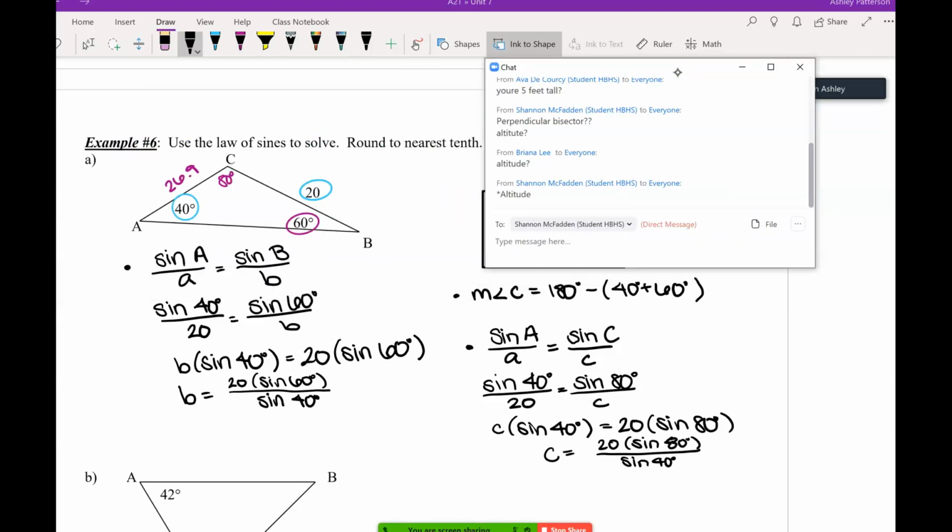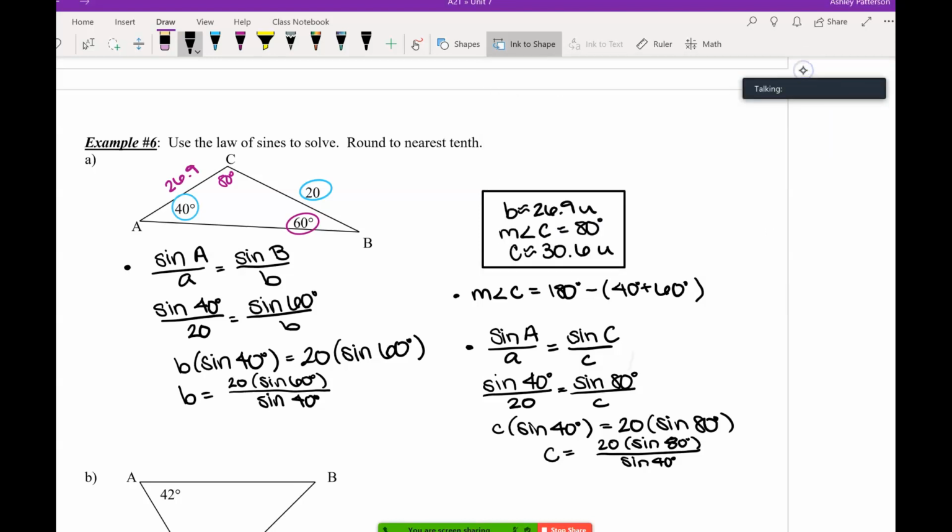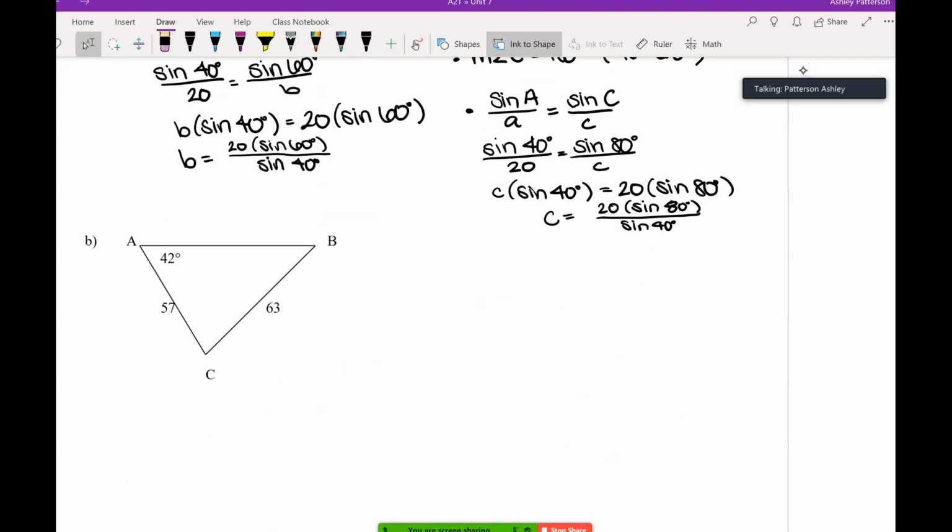Any questions on example 6a? No? All right, let's do another one. Off we go to example B. Okay, identifying, and I don't know if you've noticed, but I am using colors for the identified versus the new stuff.